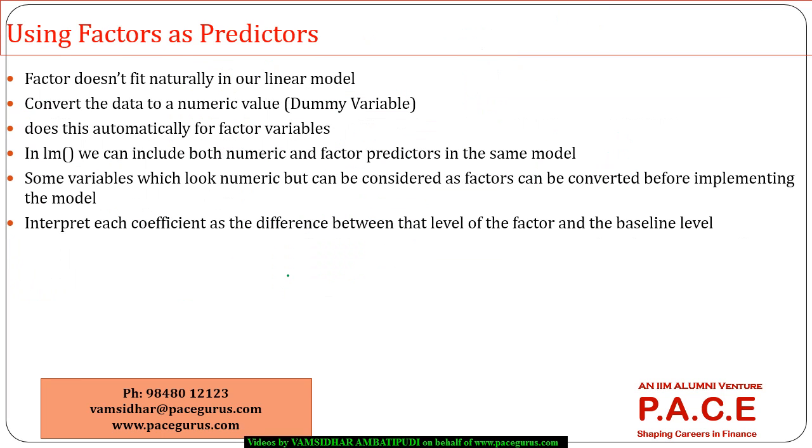Then the next part is when I have to look at how I add factors as my predictors. We have a few factors in our model, right? Whether they visited the park on a weekend or not is a kind of factor variable.